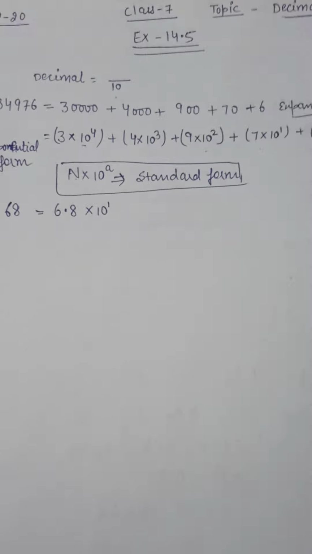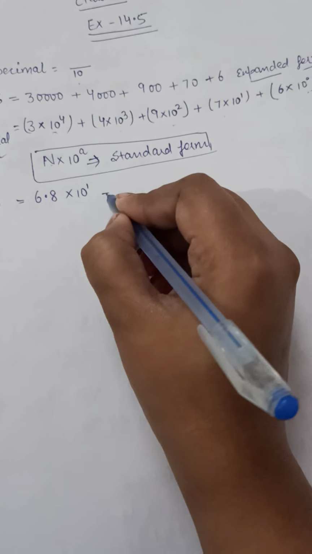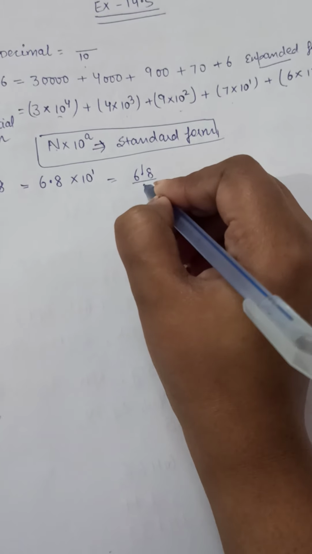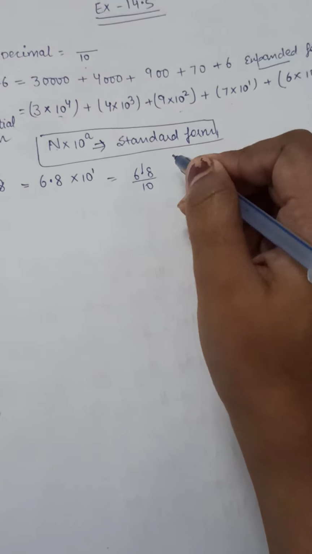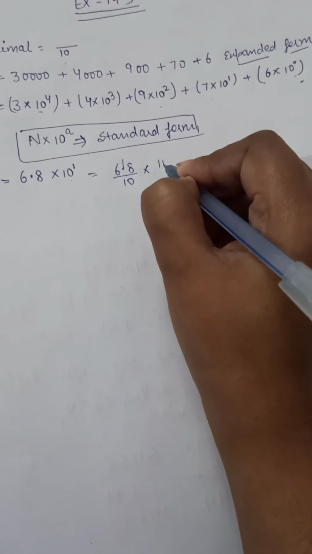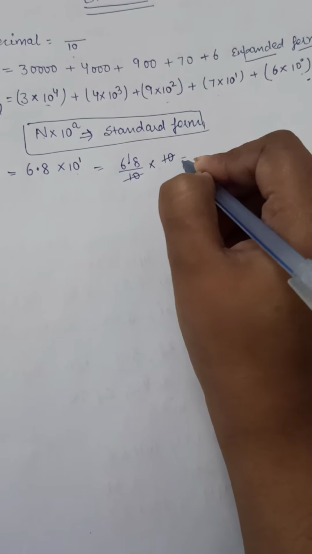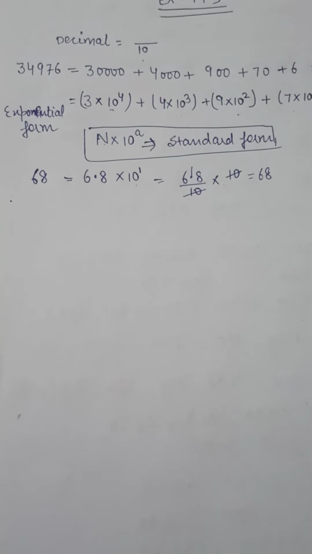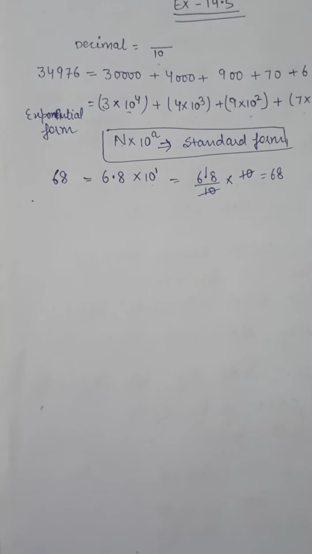Why? This is the standard form, and when you remove the decimal, 10 comes below, multiply 10 to the power 1 means 10. The 10 will cut and your answer will be equal to 68. So n is the corresponding decimal.